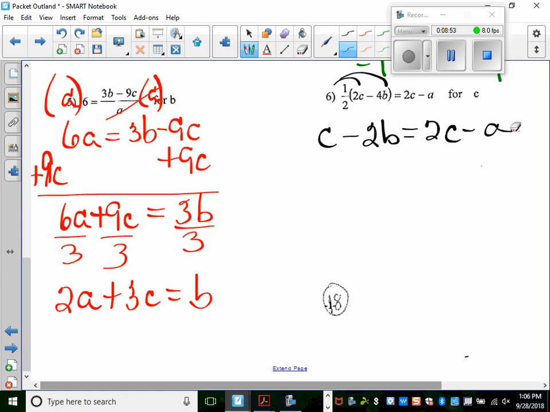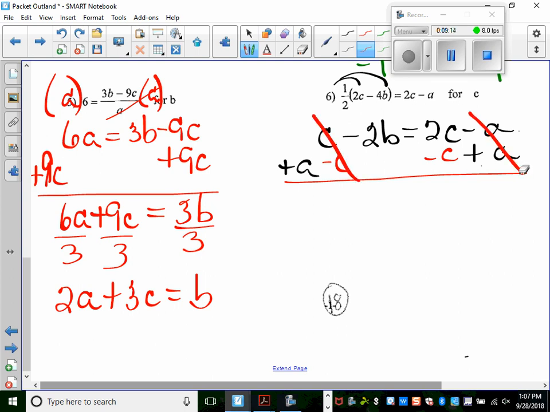So I am going to add a to both sides. And we can do this at the same time. Let's go ahead and add a and subtract c. We don't necessarily have to do it all in 2 separate steps. So that gets rid of that, that gets rid of that at the same time. So I'm left with a minus 2b equals 2c.